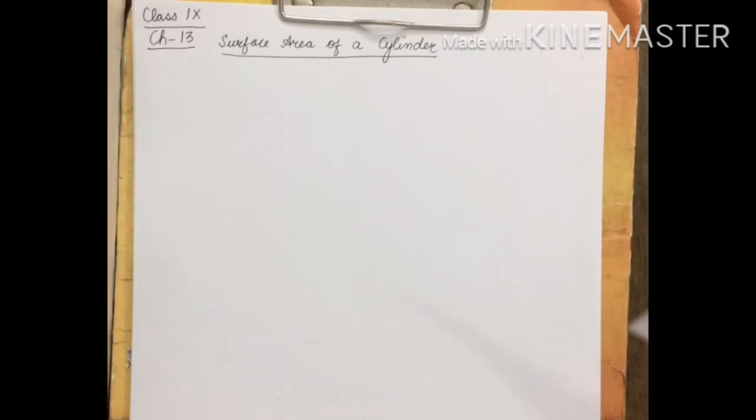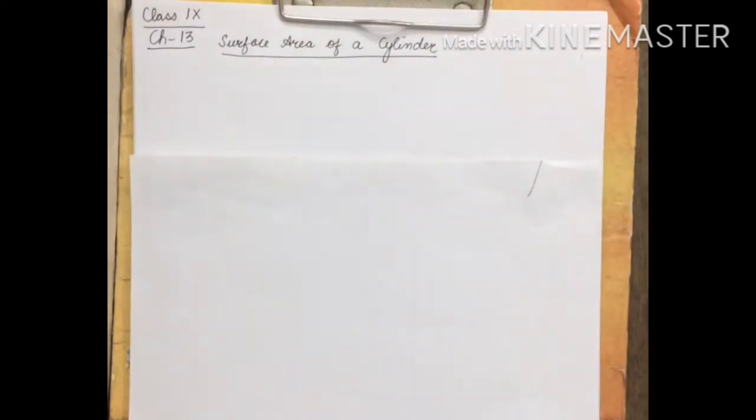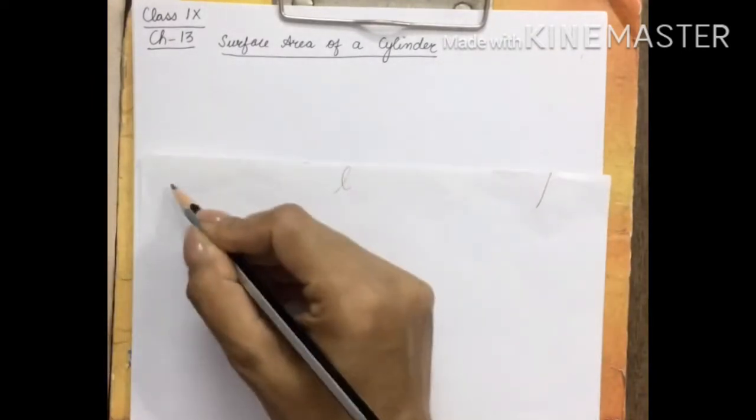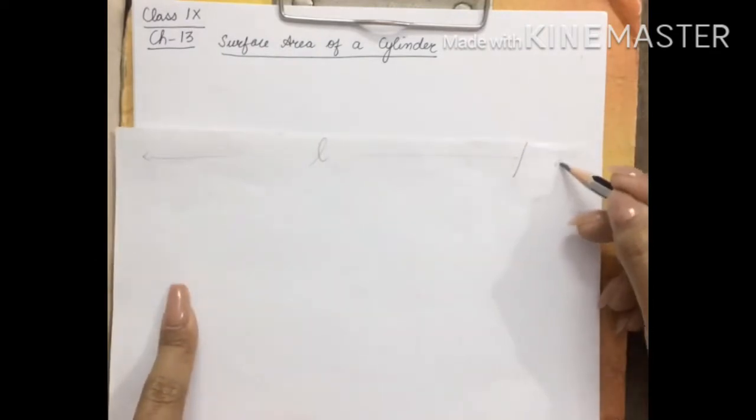So I have a sheet of paper here. I have a rectangular sheet of paper. For a rectangular sheet of paper, the longer dimension can be referred to as the length and the shorter dimension can be referred to as the breadth.